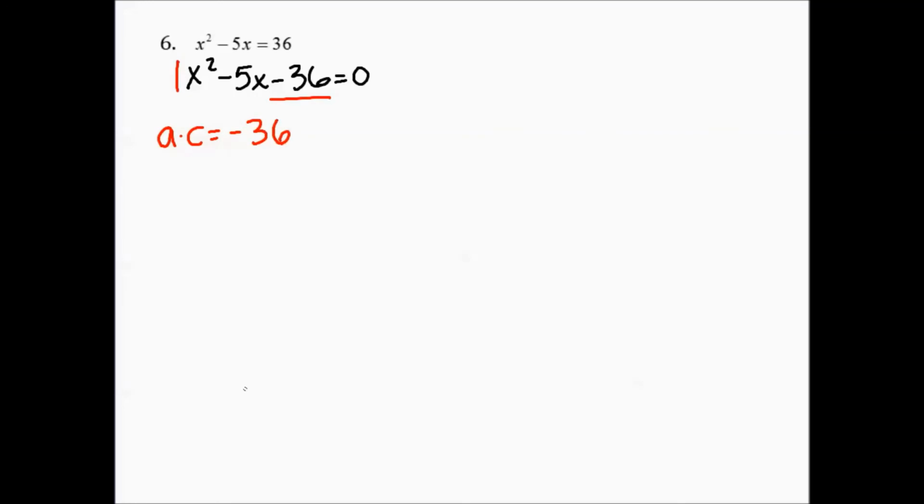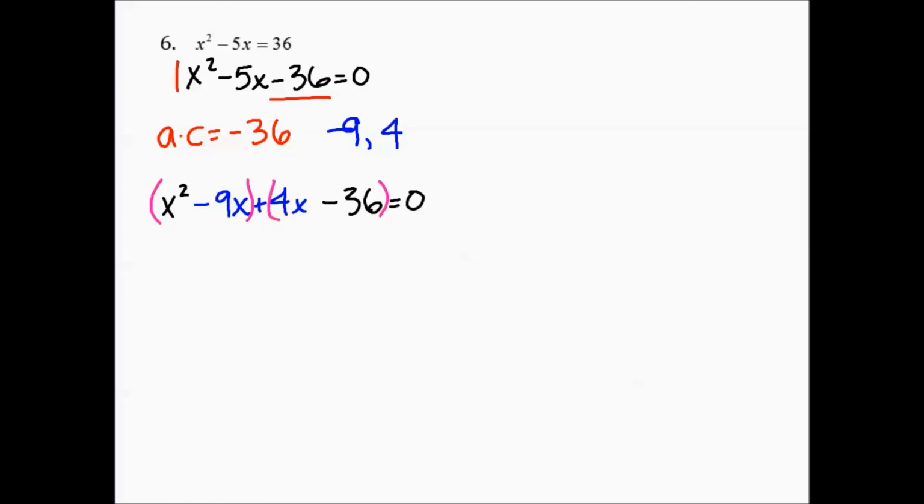Two numbers that multiply to negative 36 and add up to negative 5 are negative 9 and 4. So I'm going to split up the middle term into negative 9x and 4x, and then factor by grouping.